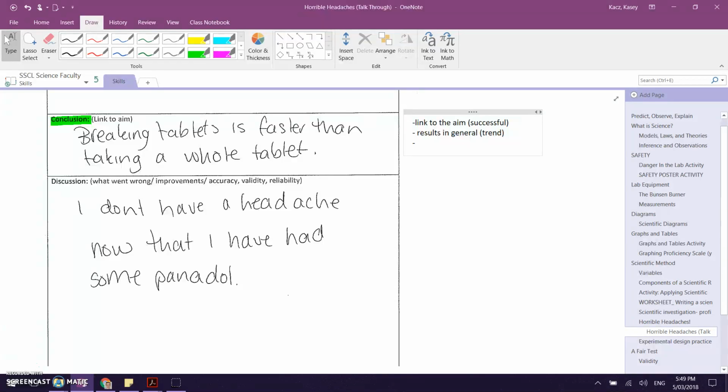Then you're going to try and relate that to why it's important. So I like to write the words science concept shown as the hint towards this, and it's okay if you don't know a lot about the concept that's been shown. You can just restate your aim in another way to make the conclusion one nice paragraph. So science concept shown is how you will finish up your conclusion.